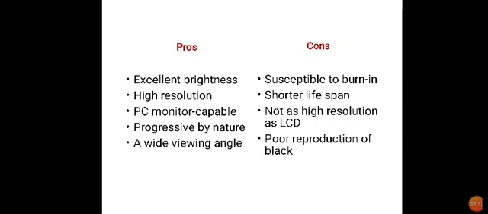And the last one is the poor reproduction of black. Like LCDs, plasma displays have a hard time reproducing black. So black scenes end up being reproduced as shades of gray. Whenever a black scene comes on the display, we won't be able to see a completely black screen, but we would see some darker shades of gray.